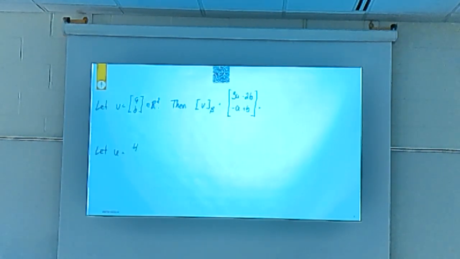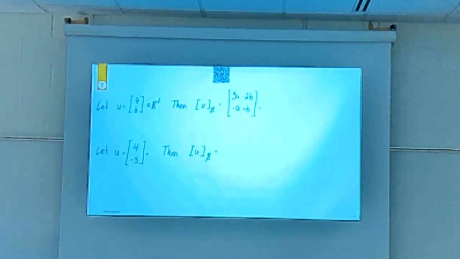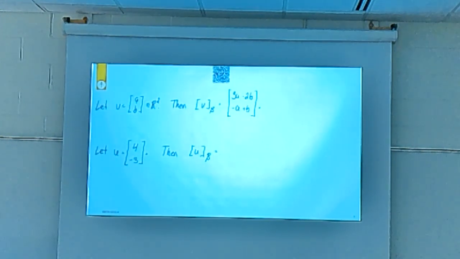U was the vector (4, -3). What is the coordinate vector for U with respect to this basis? I shouldn't be calculating for this.